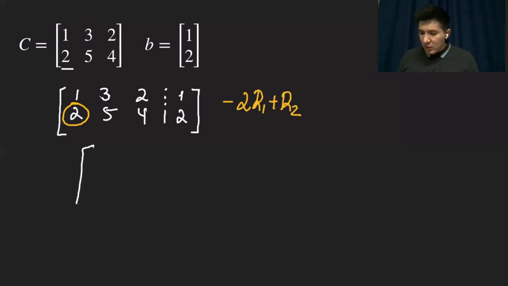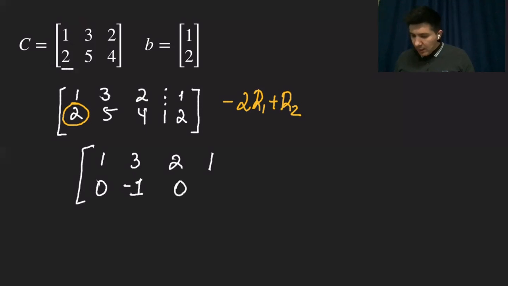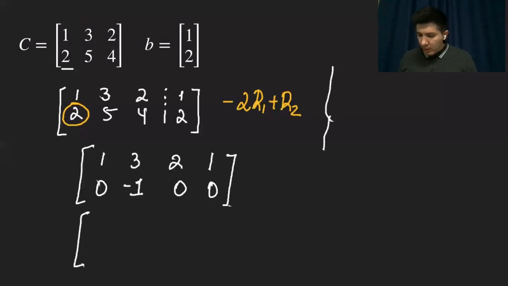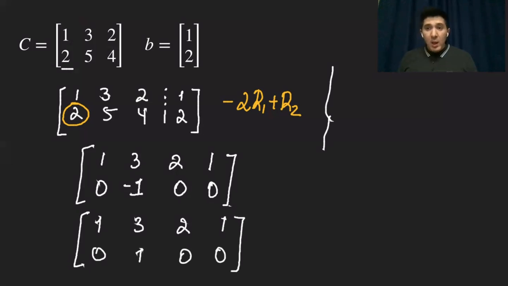What you have is essentially 1, 3, 2, 1, then 0, and -1, then 0 again, and 0. Cool. I can multiply, for example, the second row by -1 and get 1, 3, 2, 1, 0, 1, 0, 0.